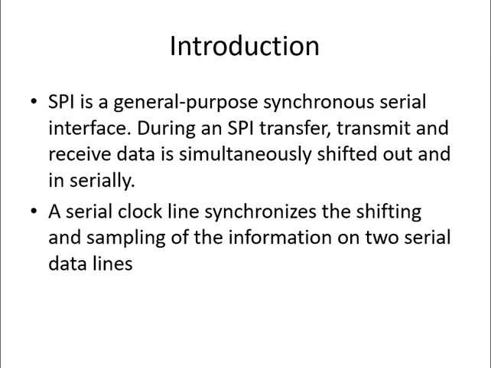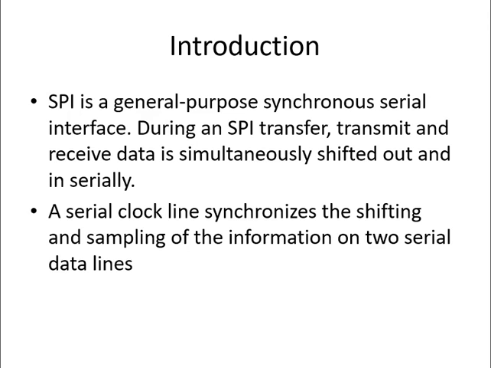SPI is a general purpose synchronous serial interface. During an SPI transfer, transmit and receive data is simultaneously shifted out and in serially. It means you are having two parallel lines. As in contrast to I2C, in SPI, your data transmission is bidirectional simultaneously.